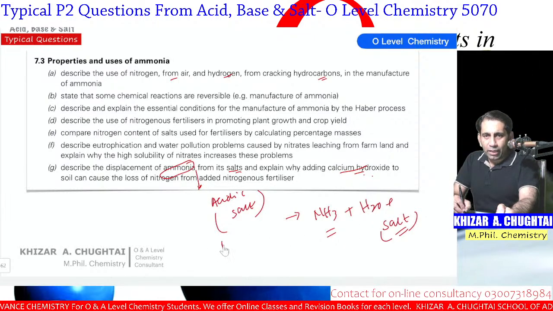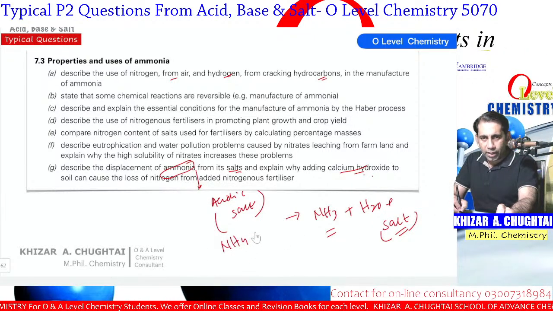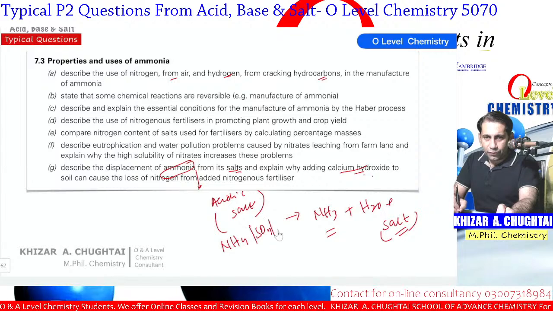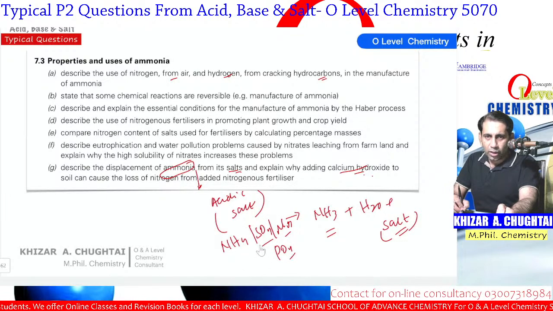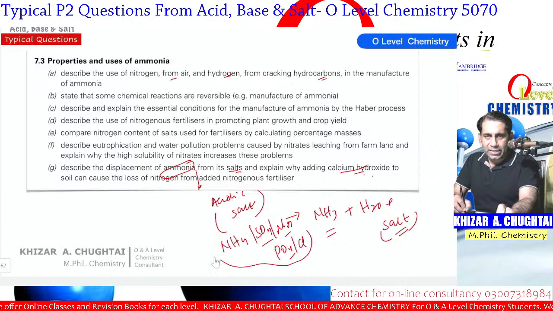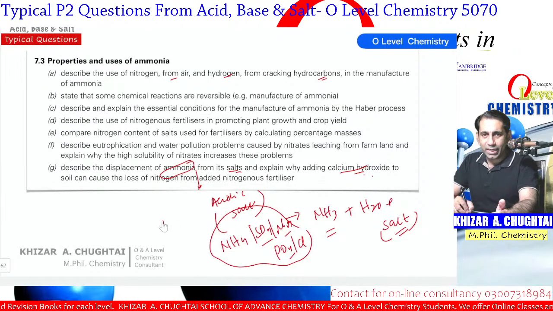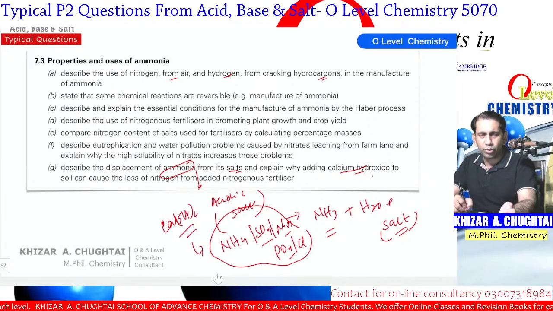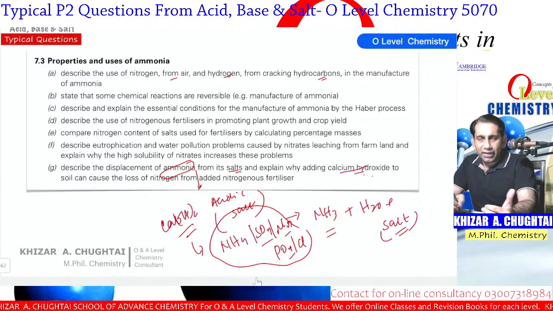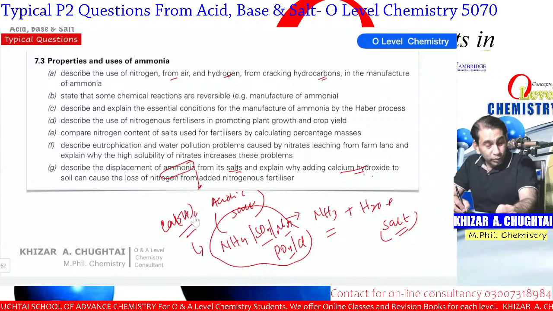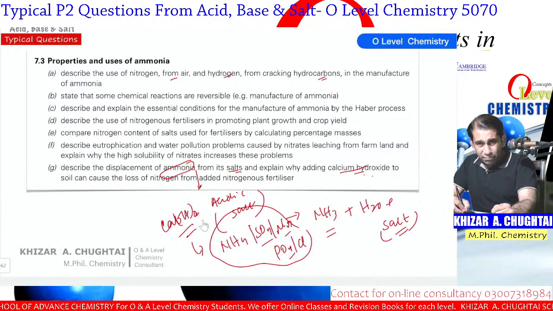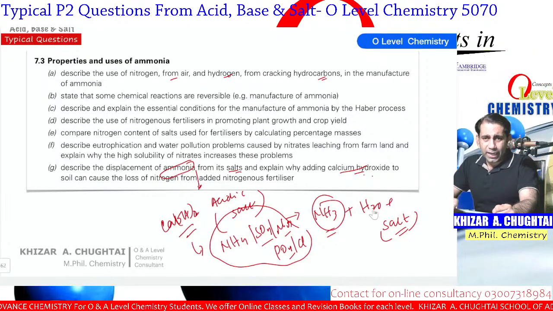Whenever any sort of ammonium salt, ammonium nitrate, ammonium sulfate, ammonium phosphate, ammonium chloride, is allowed to react with any sort of base or alkali, like calcium hydroxide, sodium hydroxide, magnesium hydroxide, even if heated with MgO or calcium hydroxide, ammonia gas is formed.